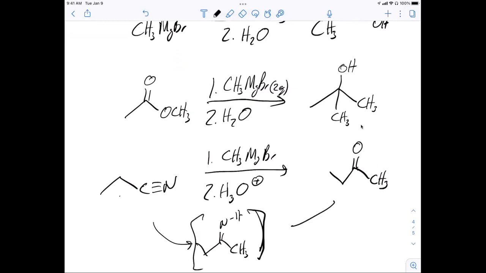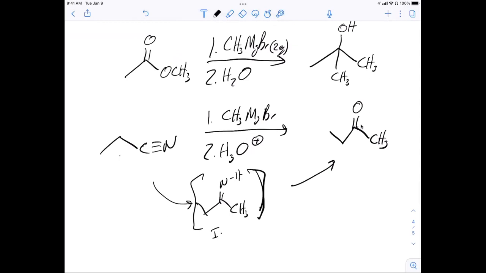So remember what we end up with here is the imine that then hydrolyzes to the ketone.